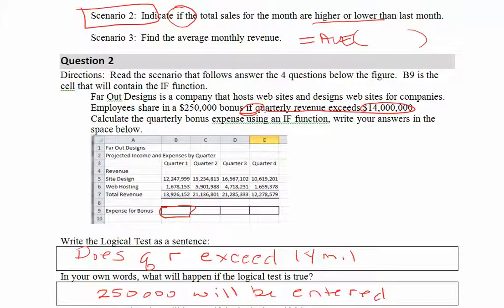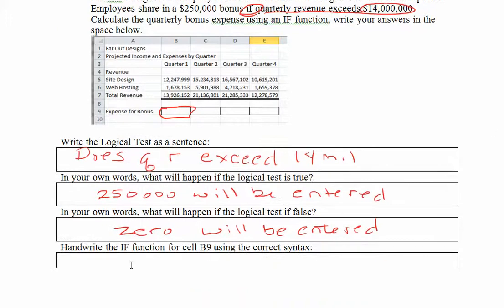Okay, so handwrite the if function for cell B9 using the correct syntax. Syntax means the correct computer terms, okay? So if we were typing this into the computer, we would start with an equal sign, the word if, and then a parenthesis.